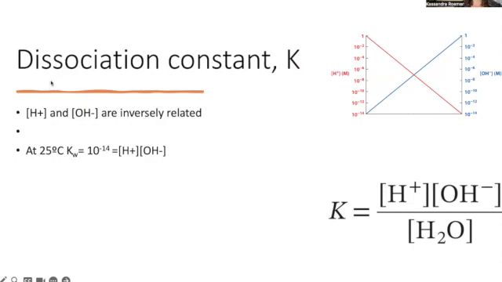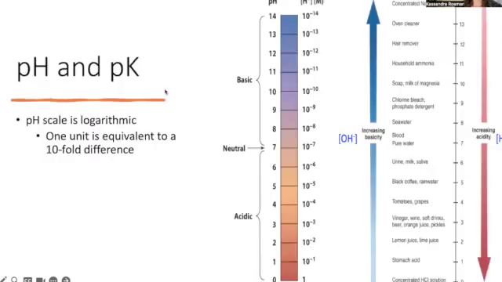That would be 10 to the negative 14, which would be a neutral pH. And the concentrations of H plus and OH minus are inversely related, as you can see right here in this graph, which makes sense.